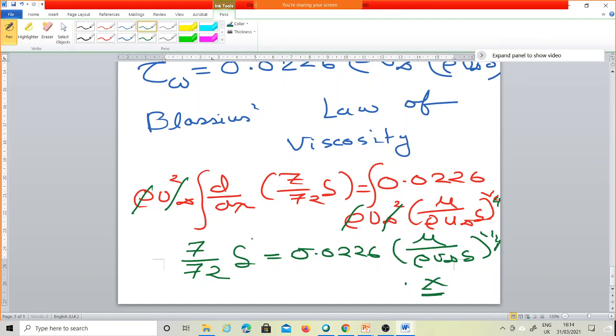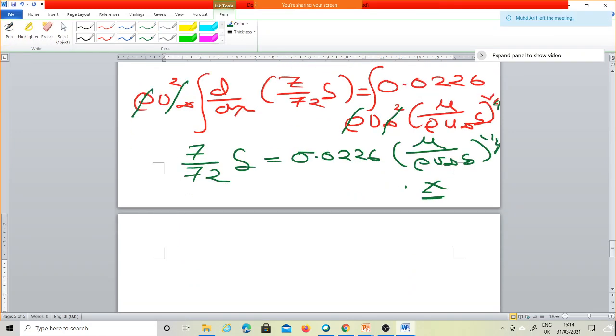So if you reshuffle the things, what you will have is 7 over 72, you have delta, and then delta to the power 1 by 4.